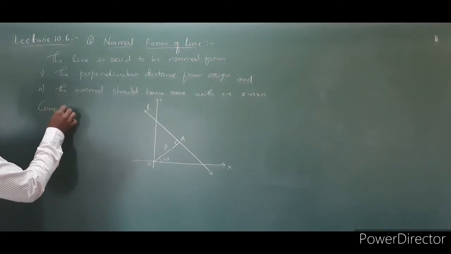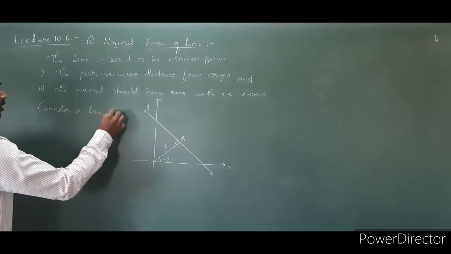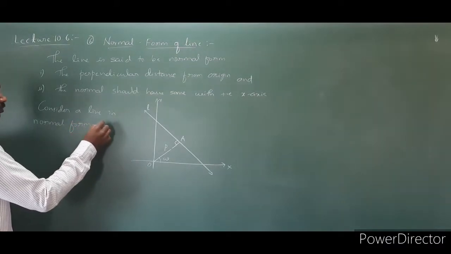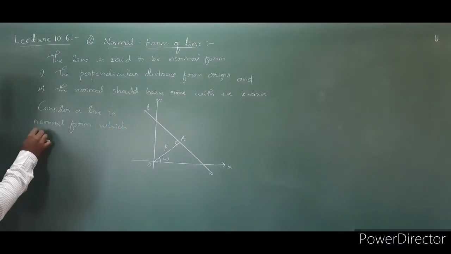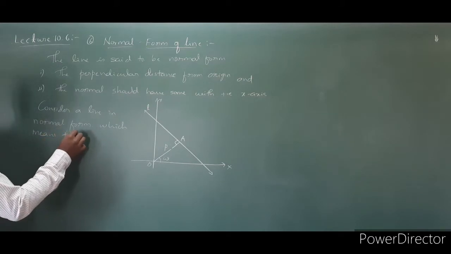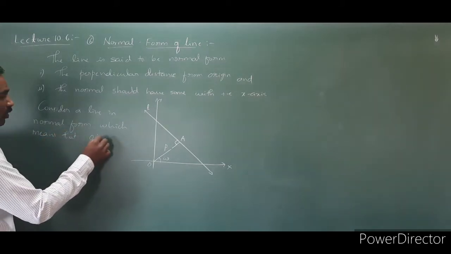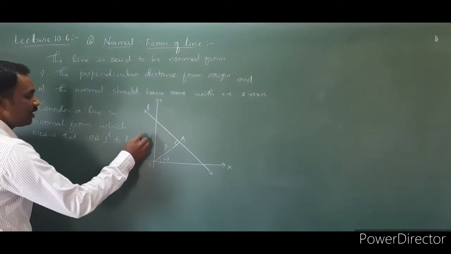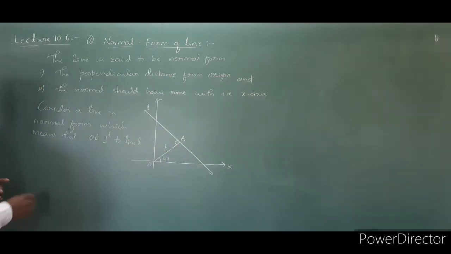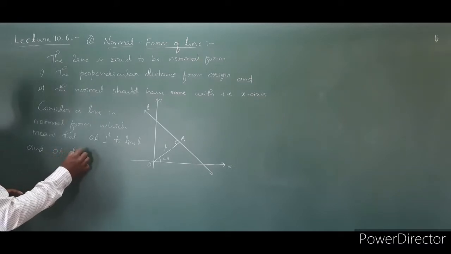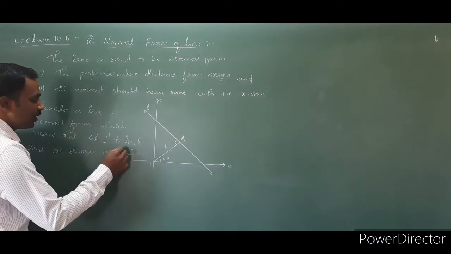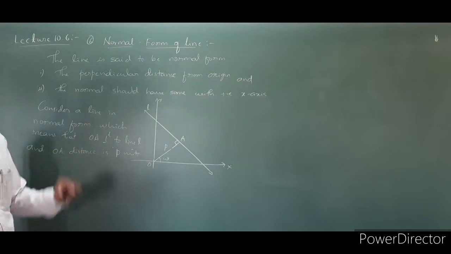Consider a line in normal form, which means that OA is perpendicular to the line L, and OA distance is p units.